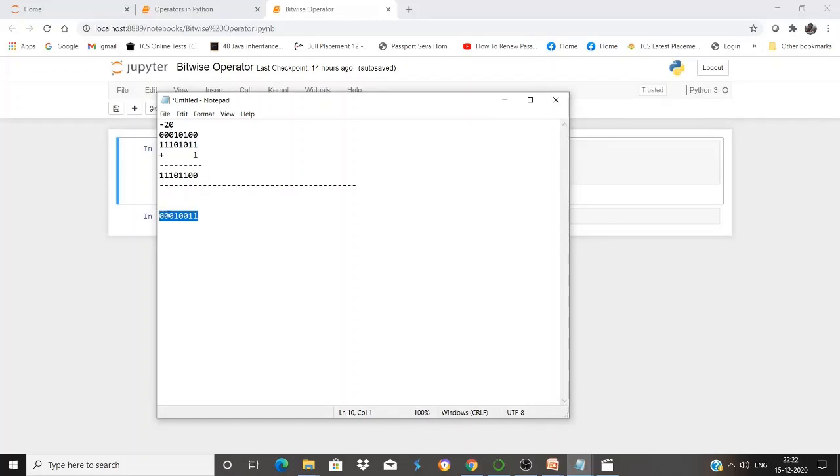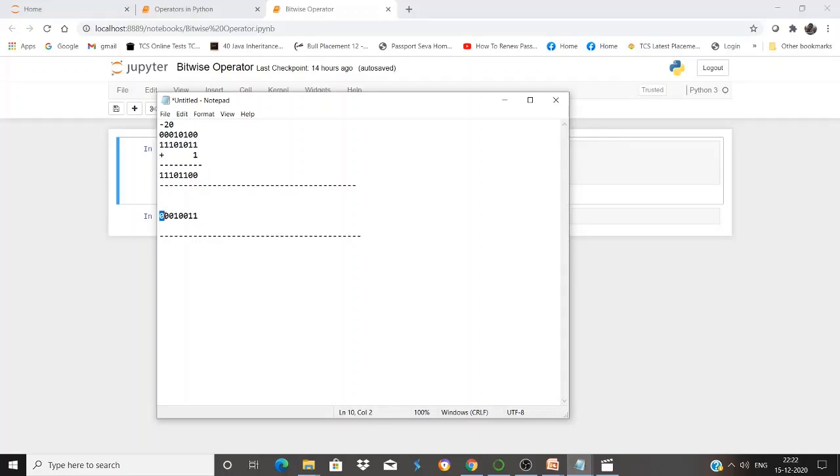Now we have to convert this binary output to decimal. From this binary output, do you think it will be a positive decimal or a negative decimal? As I mentioned previously, you have to check the most significant bit, that is the leftmost bit. Here the leftmost bit is 0.